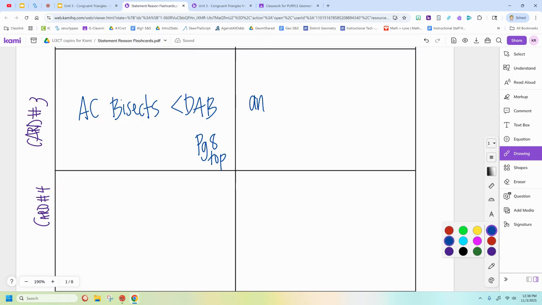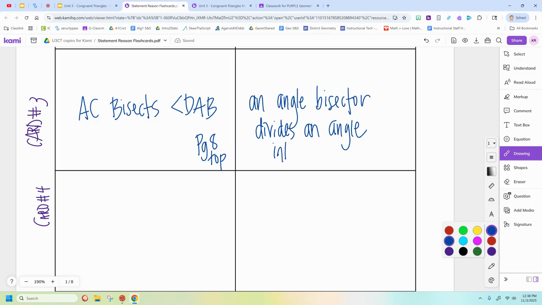So an angle bisector divides an angle into 2 congruent angles. Is that what we have written on page 8, right?